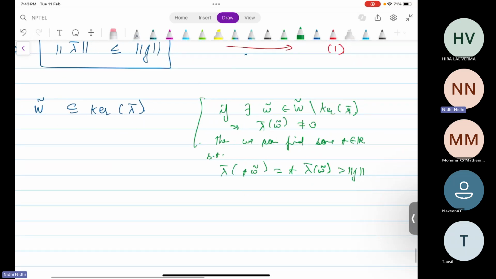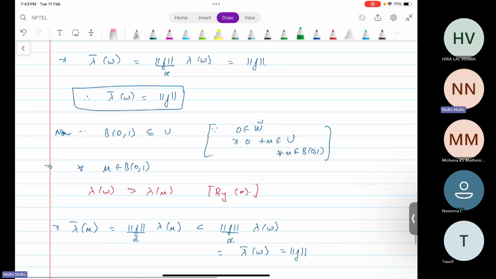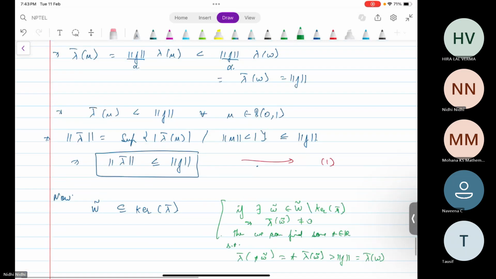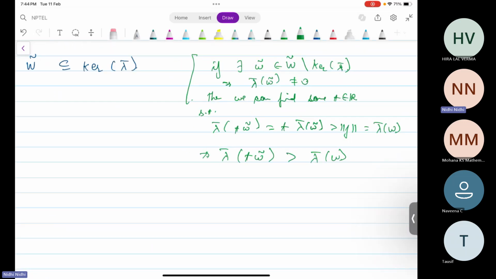Now this norm f is equal to lambda bar w. We have seen earlier lambda bar w is equal to norm f. This gives us lambda bar of t w tilde is strictly greater than lambda bar w. But since w tilde is in W tilde, which is a subset of U, this implies t w tilde belongs to W tilde, because W tilde is a subspace.